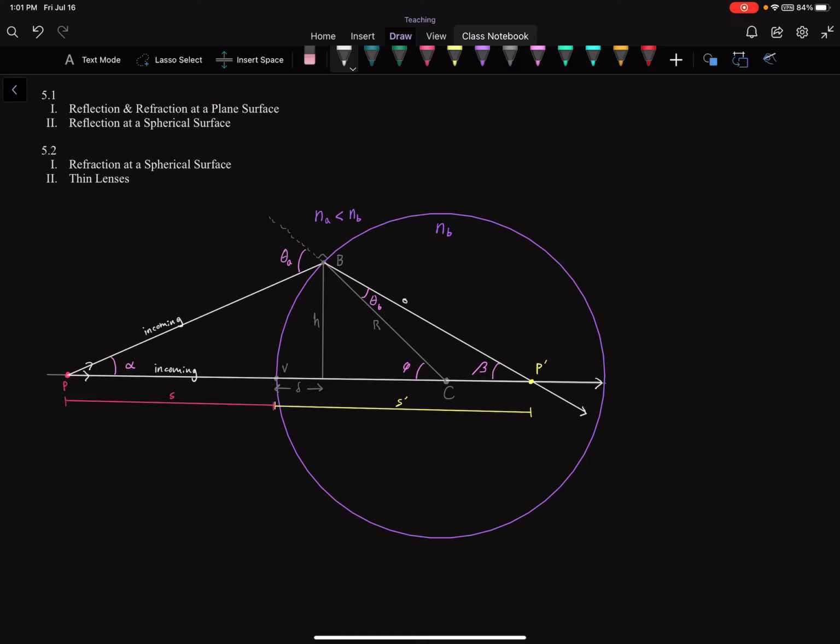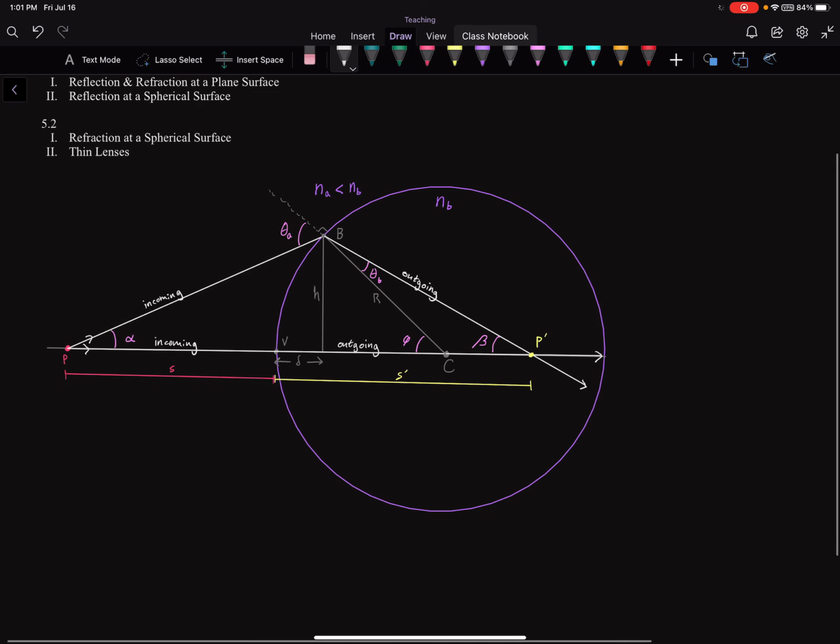And then this is outgoing because it's going away from the refracting surface. And this is also outgoing. So those will help us to determine the signs of some of these quantities according to our three sign rules, which apply equally to reflection as they do refraction.